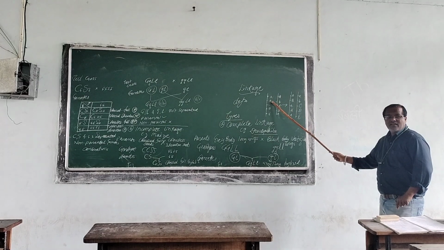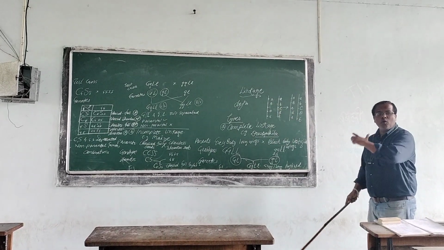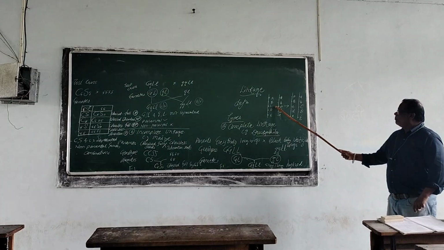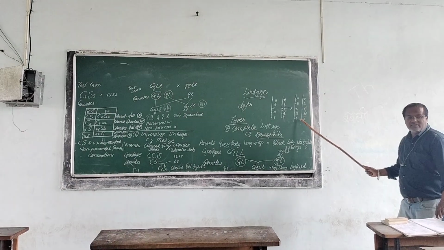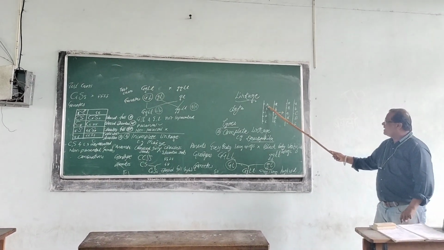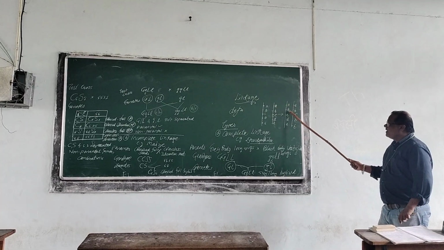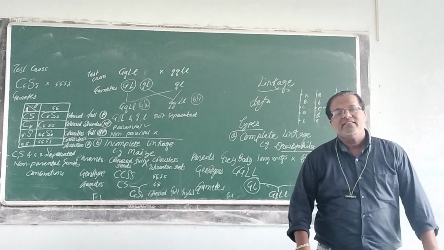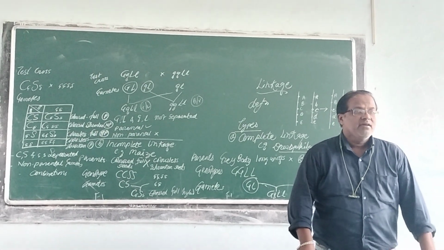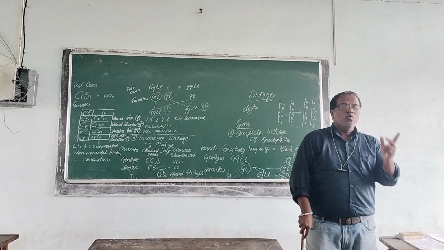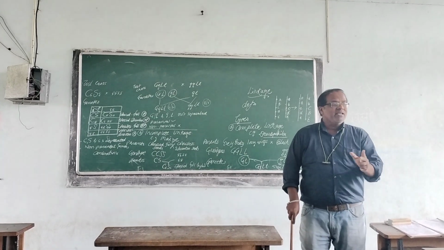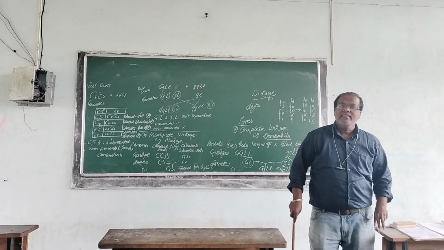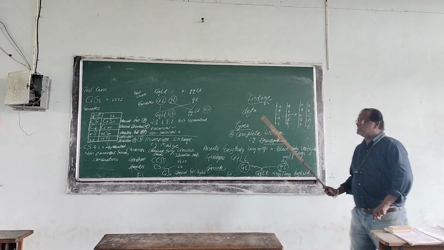These genes move together in the next generation. If these genes move together in the next generation, they are known as linked genes. The genes which move together from one generation to the next generation are known as linked genes.